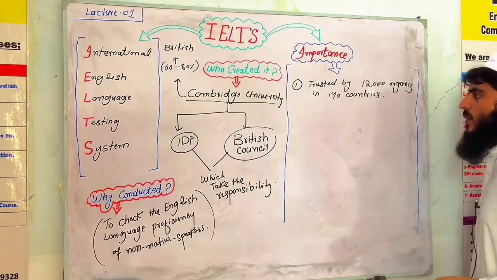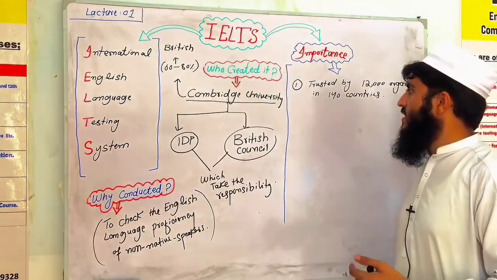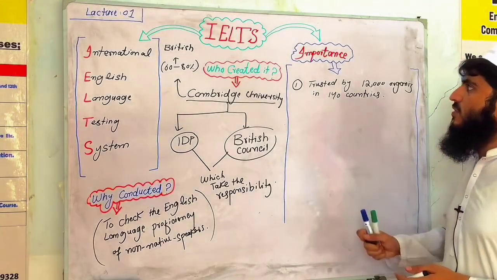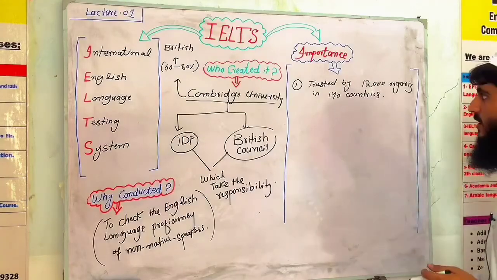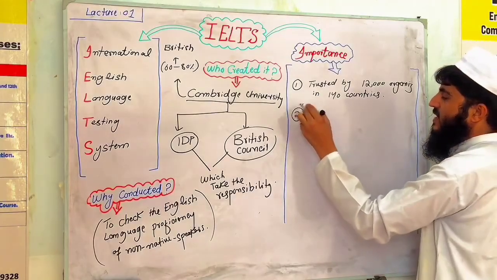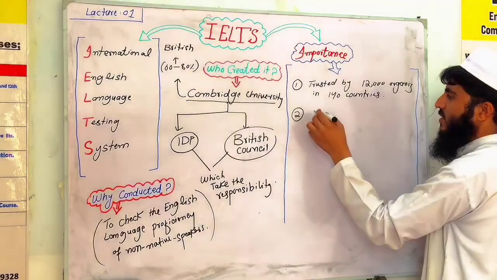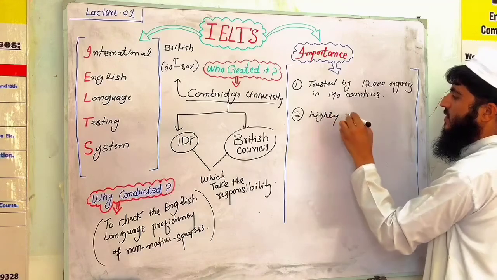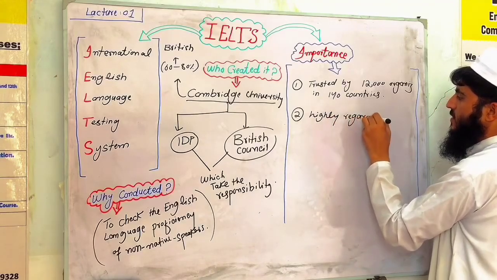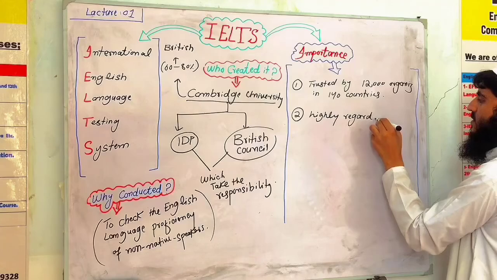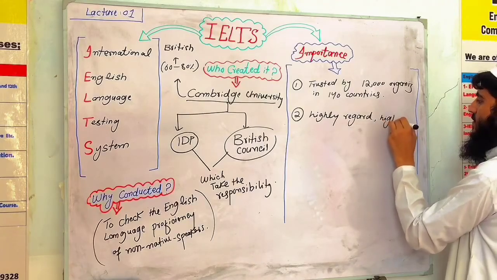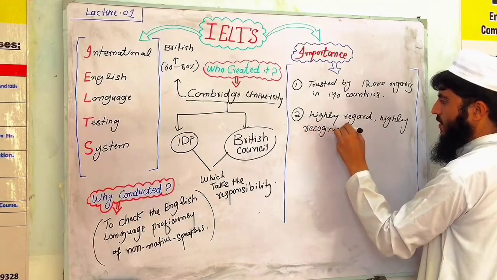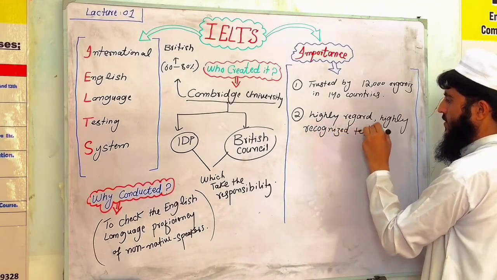Many governments, like the governments of Australia, Canada, UK, New Zealand, and US, accept and demand the IELTS test to go over there. The second thing is that it is a highly regarded, highly demanded, and highly recognized test worldwide.